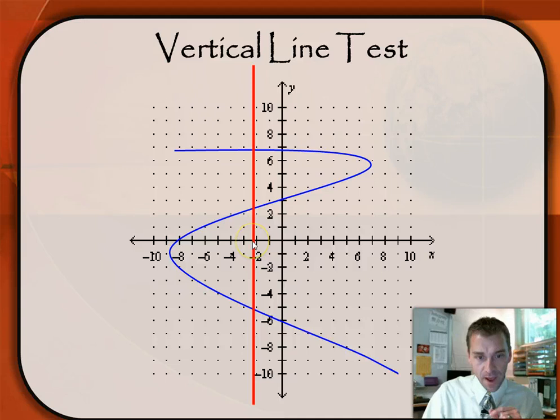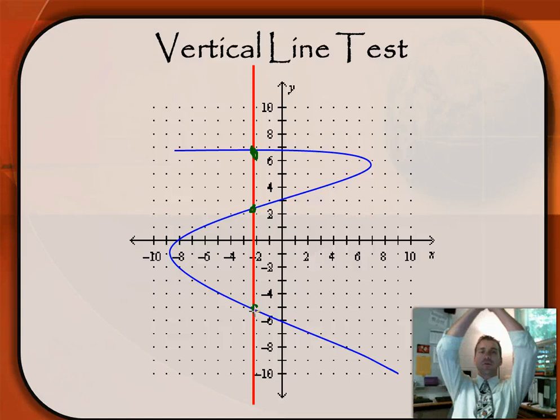Where it's going through the little x coordinate right there, that's the domain. That's the input. Here's one of your output values, and here's another of your output values. Ladies and gentlemen, that's a problem. We have one input value of x equals -2.2, but it looks like I'm going to have 3 different output values. That is not a function.